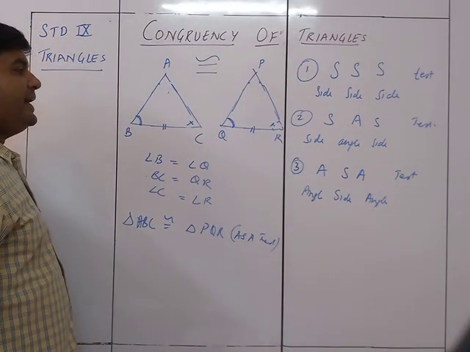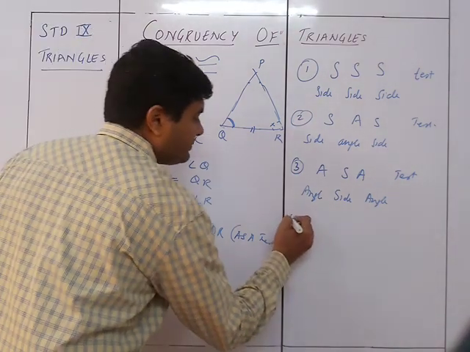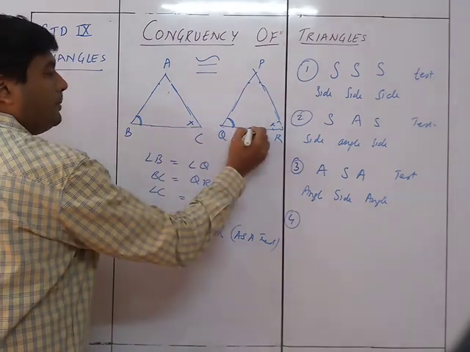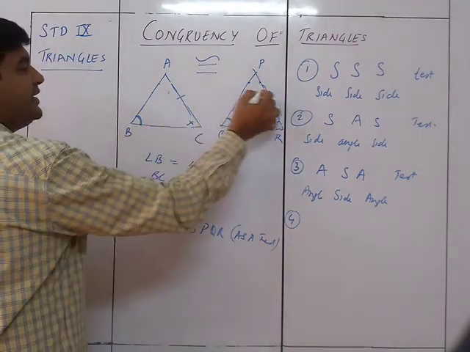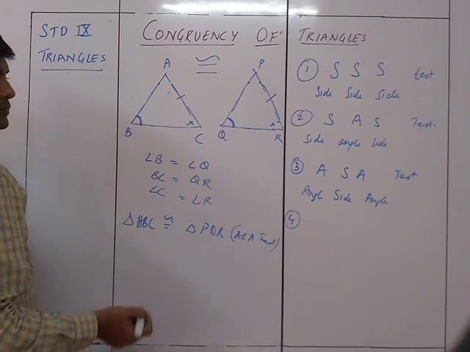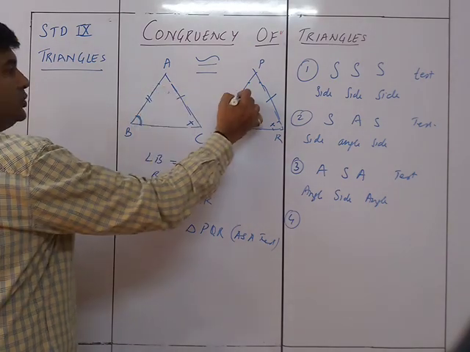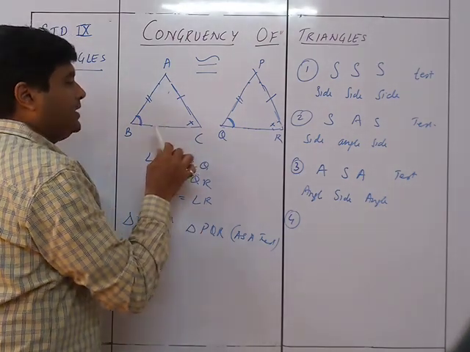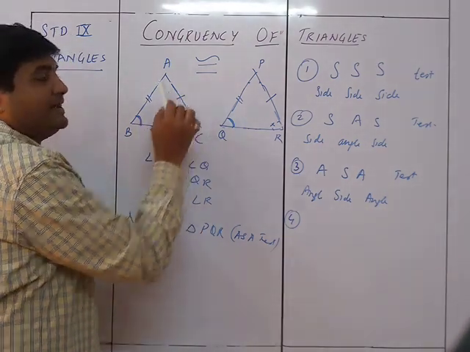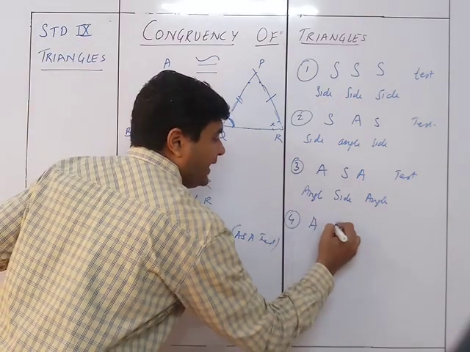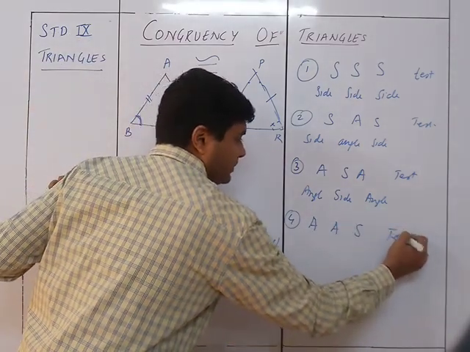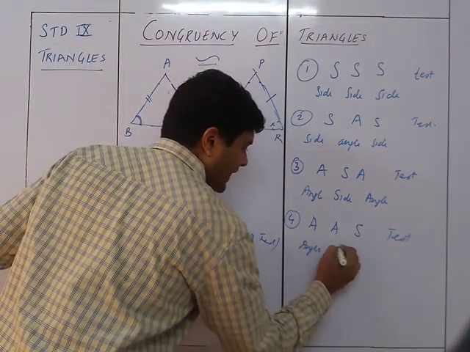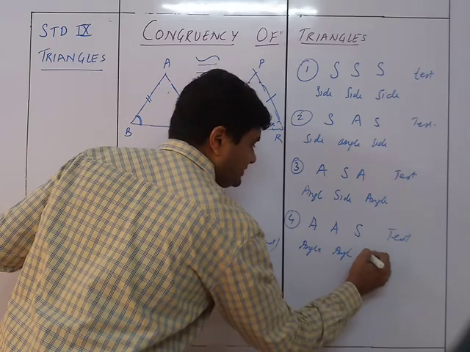It is also seen that even if I am not given that this is equal, but instead they give that this is equal to this, I can still use this property by AAS. That is called the AAS test, angle, angle, side.